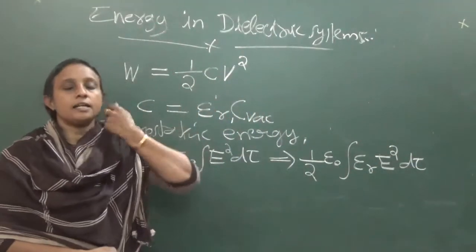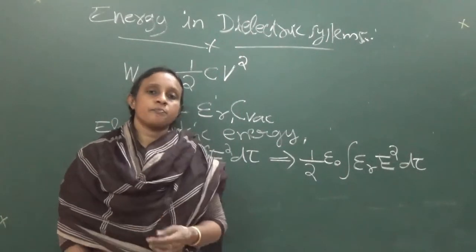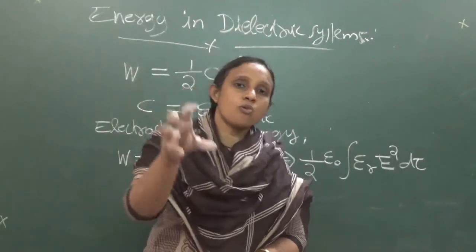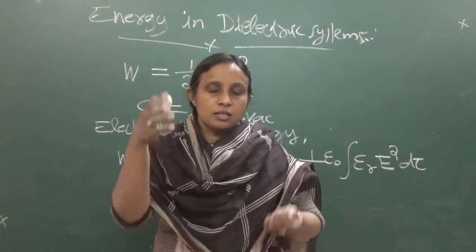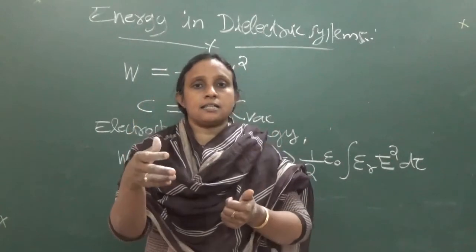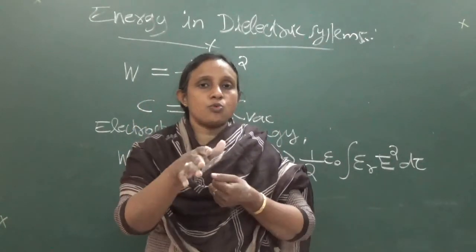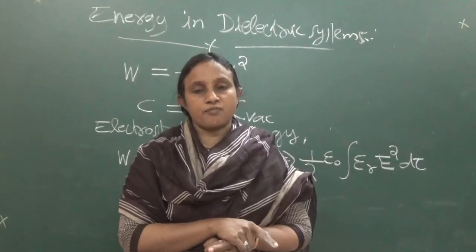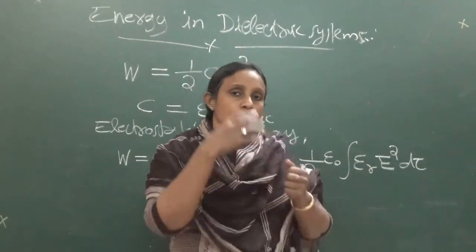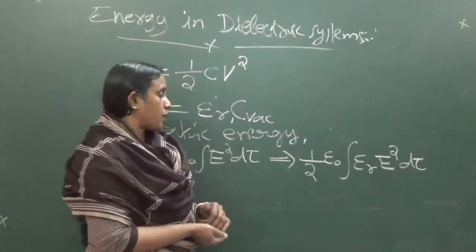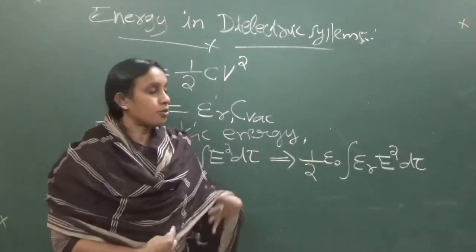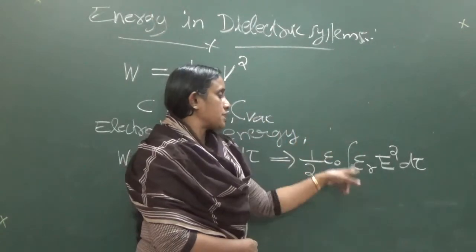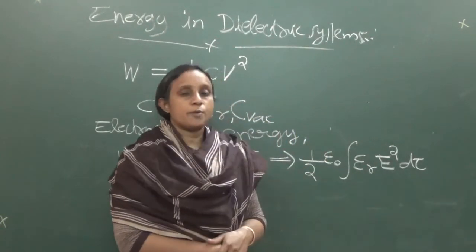Because we already discussed that if there is a dielectric, we have to do more work, since the bound charges inside the dielectric try to cancel out the applied field. So we have to do more work to add this much charge, and the amount of work required always exceeds by a factor epsilon r.